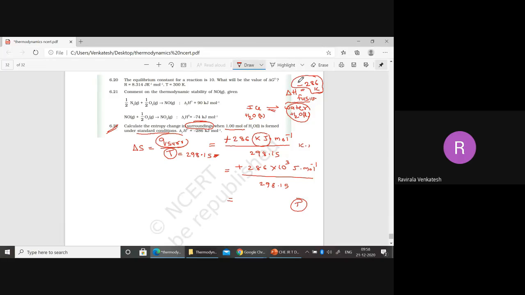Next we'll take 6.21. Let me discuss 6.21 now. They're asking for a comment on the thermodynamic stability of nitric oxide. That means they're asking whether it is spontaneous or non-spontaneous. We have to decide spontaneity based on the delta H values only, because the given values are delta H only.